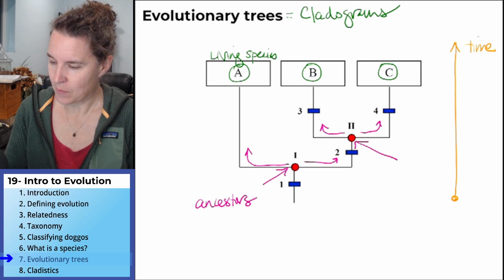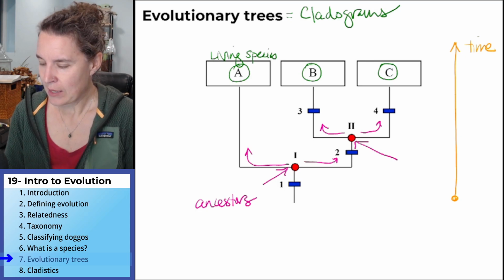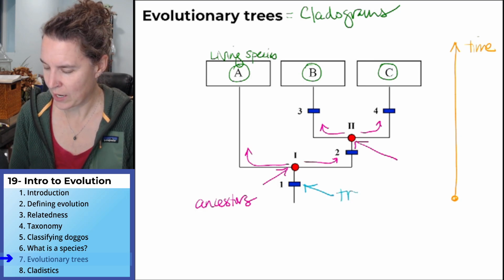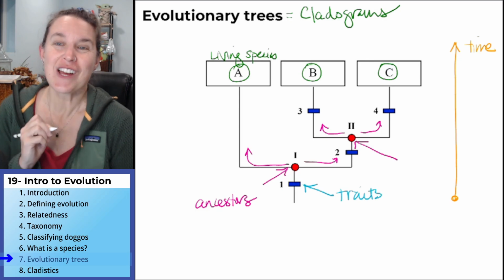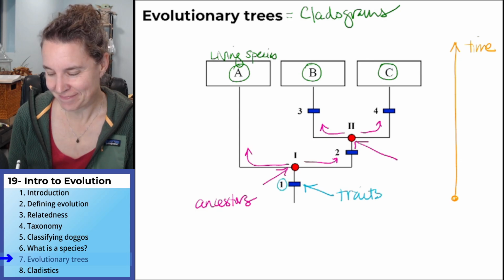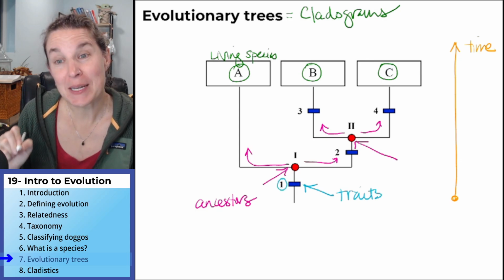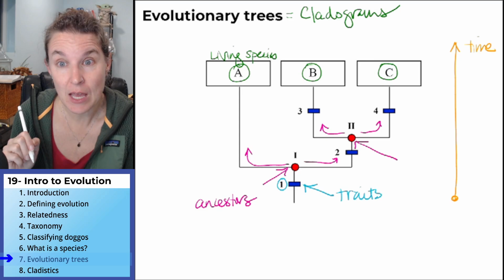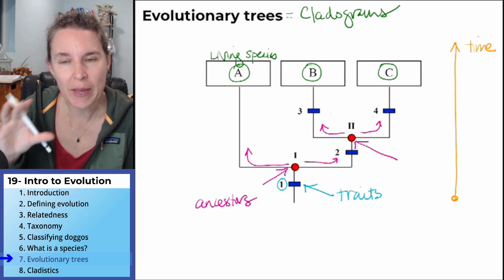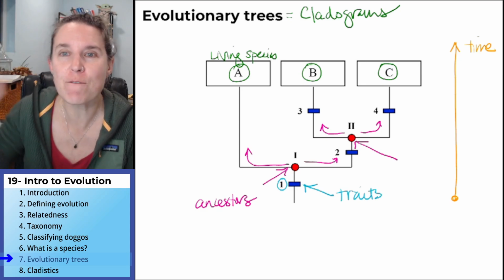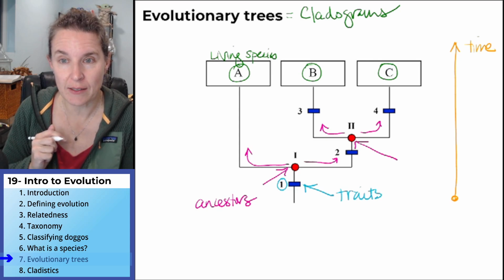Okay, I can do this. I'm struggling to find the color that I want here. The numbered slashes are traits. So take a look at this. Trait number 1 is something possessed by ancestor 1, which means unless you make other notes, you can assume that trait is also possessed by every living species on this tree.